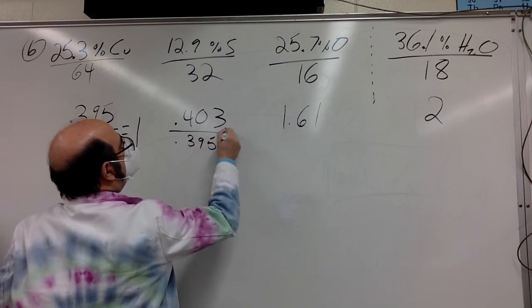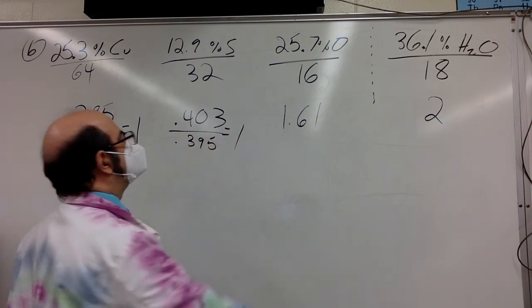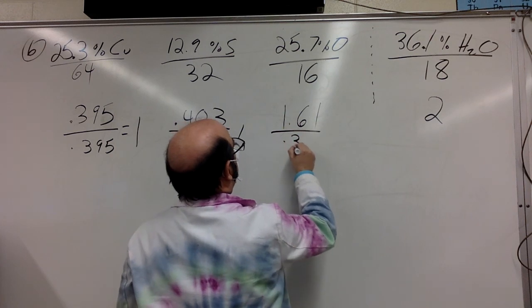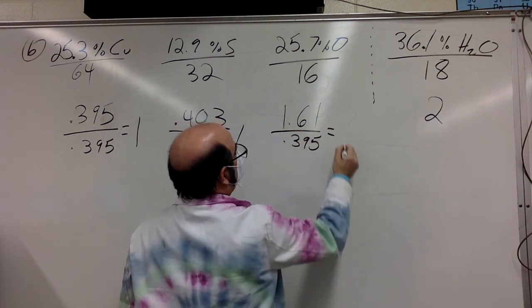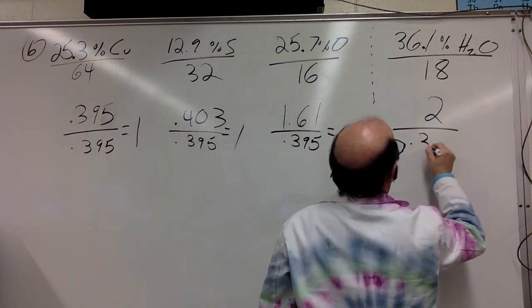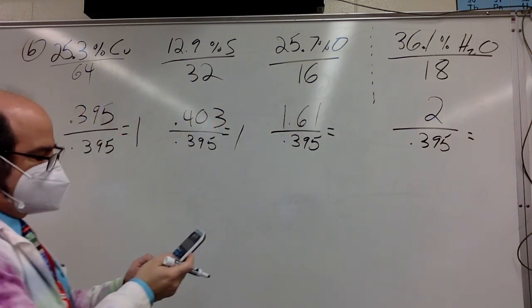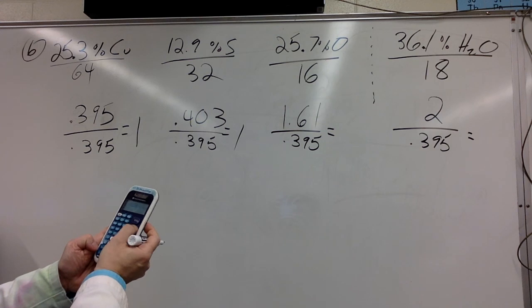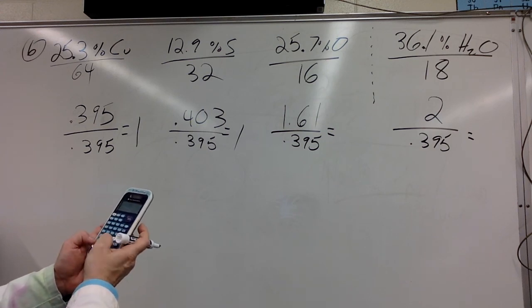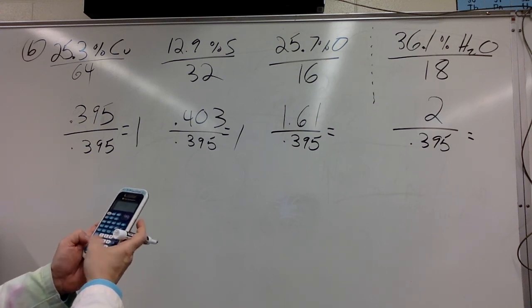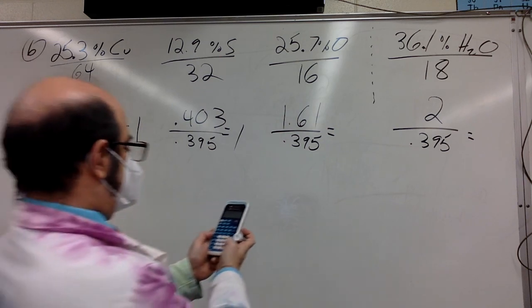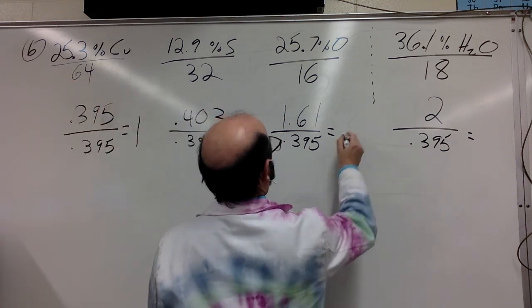You can use a calculator if you want, but it's going to give you 1. So I need a calculator. Let's see, 1.61 divided by 0.395 gives us 4.